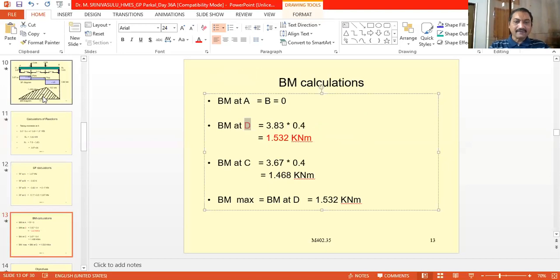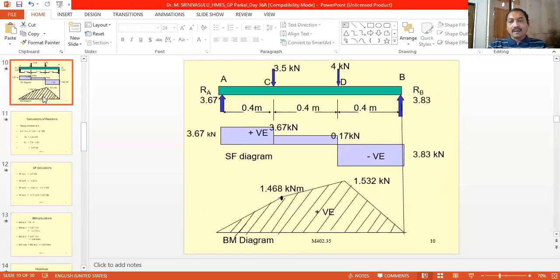Now coming to the bending moment diagram, we have the bending moment at A equal to 0, at B equal to 0, at D equal to plus 1.532, and at C equal to 1.468. Now take a suitable scale, take the measurements and locate the points. Then you have to join all the points.